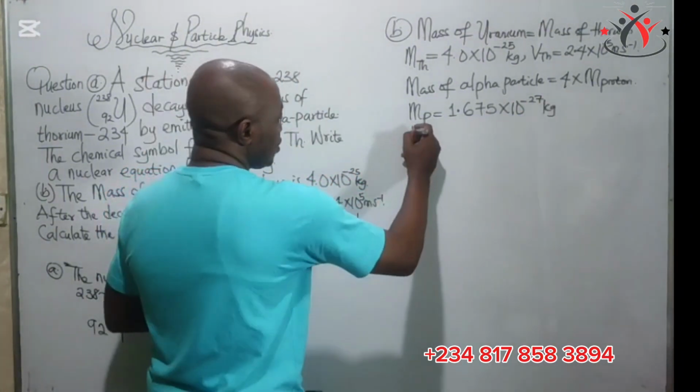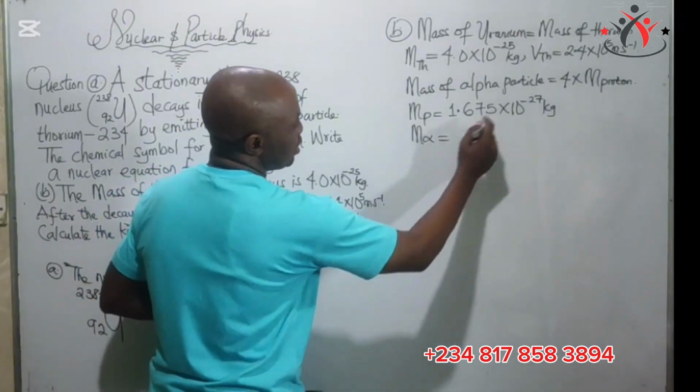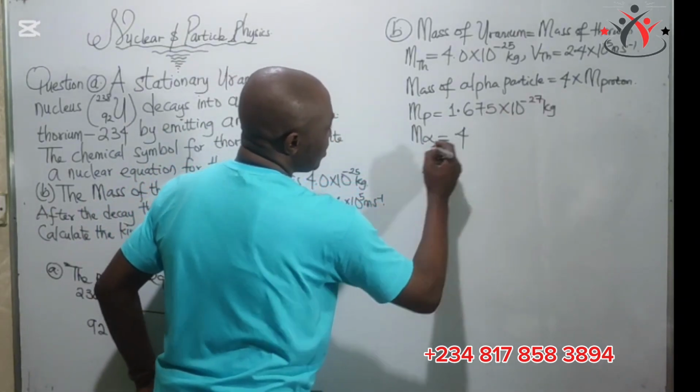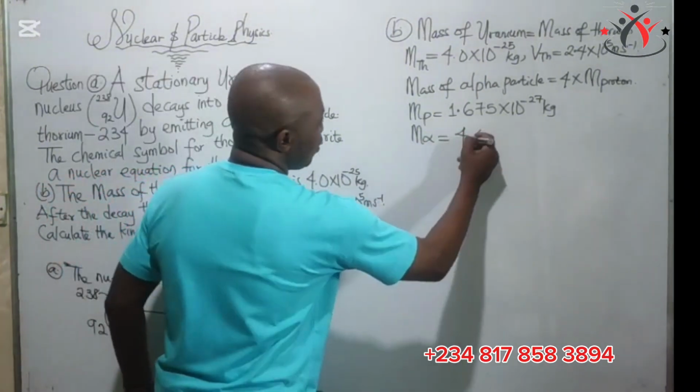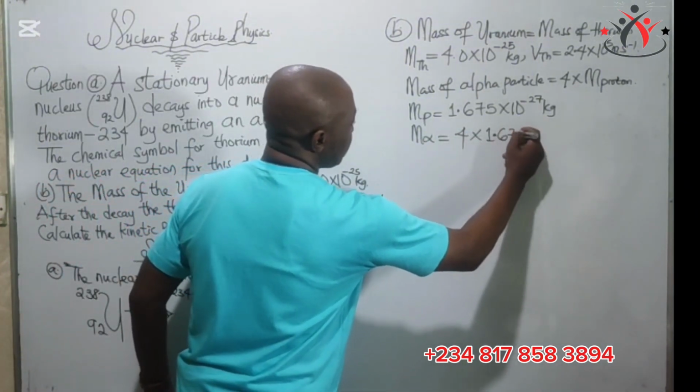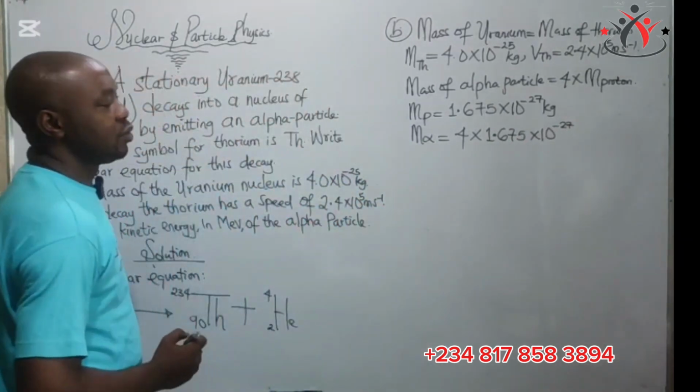So to obtain the mass of the alpha particle, we multiply the atomic mass of the alpha particle by 1.675 multiplied by 10 raised to the power of minus 27.